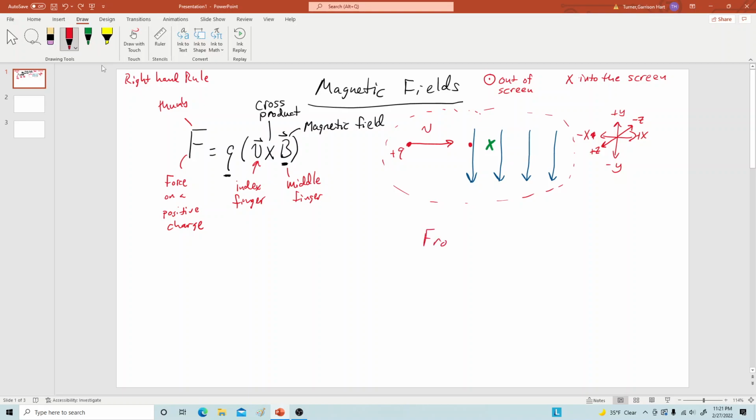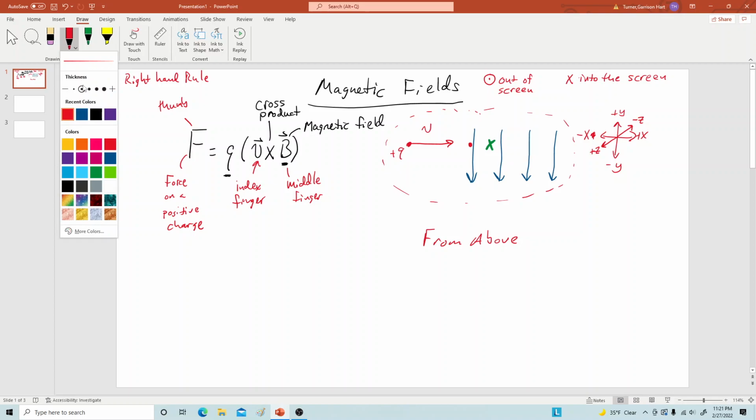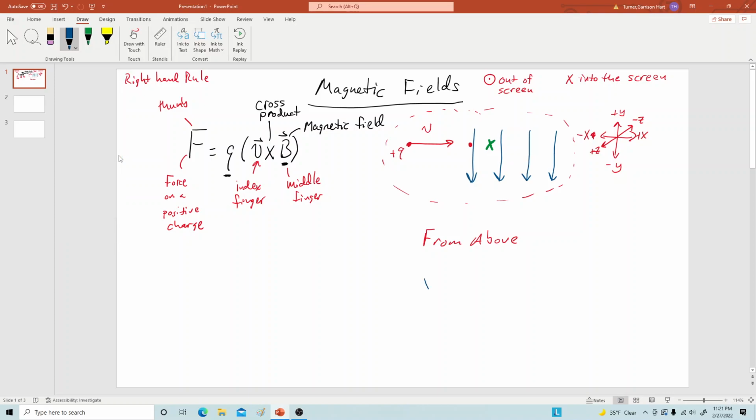So from above, okay, what we would see is the magnetic field going into the screen, so we would see the magnetic field like this.